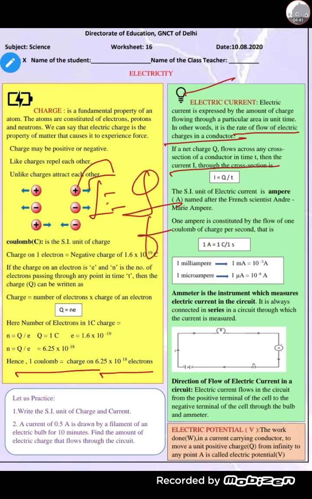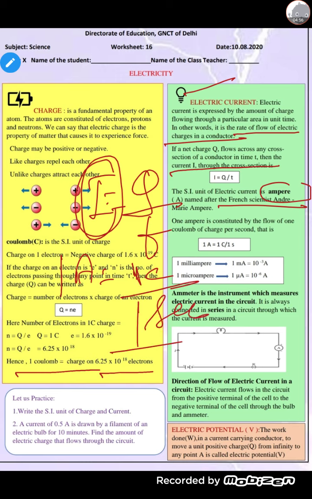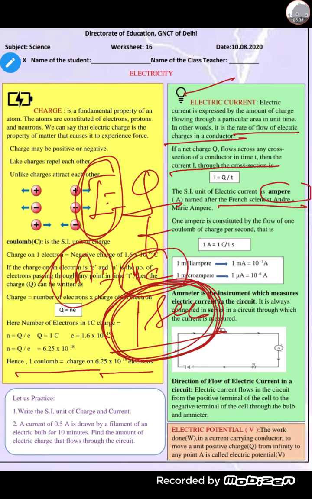SI unit of current is ampere and it is named after the scientist Andre Marie Ampere. If we want to define 1 ampere, we have 1 coulomb of charge divided by 1 second. So 1 ampere can be defined as the flow of 1 coulomb of charge per second.